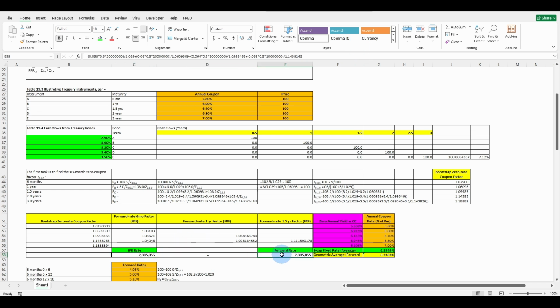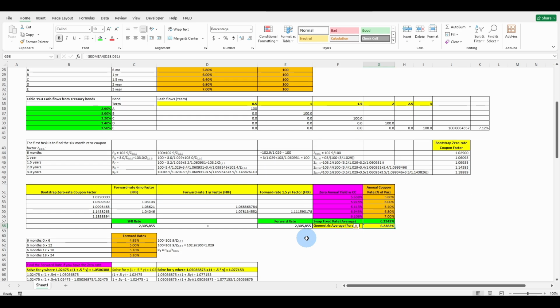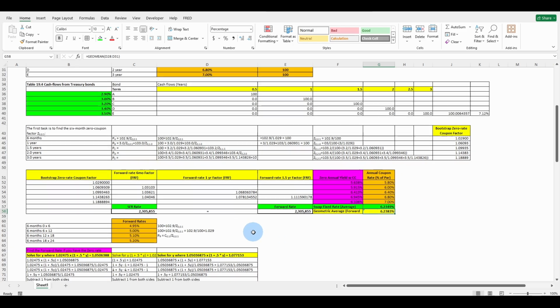Then you're going to go through the forward rate, and you're going to plug and chug. And if they're not equal, then something doesn't match. It's time consuming. No ifs, ands, or buts. The geometric average, we don't use it. It's just to look to see if there's some consistency here.